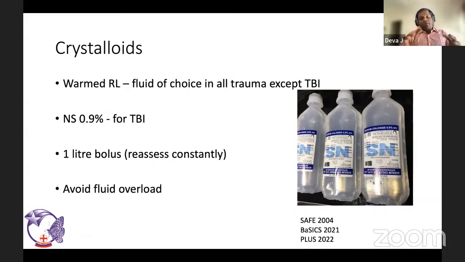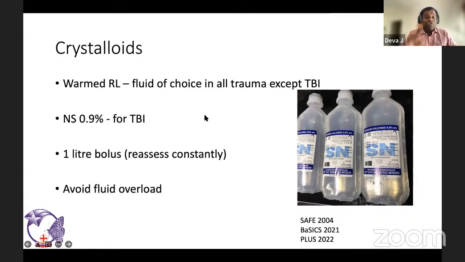So it is important to start off with crystalloids and keep assessing. If the patient is continuing to bleed, use blood. That's all. The same studies were mentioned by Dr. Ebi, the SAFE study, which compared normal saline and albumin, and other newer ones.